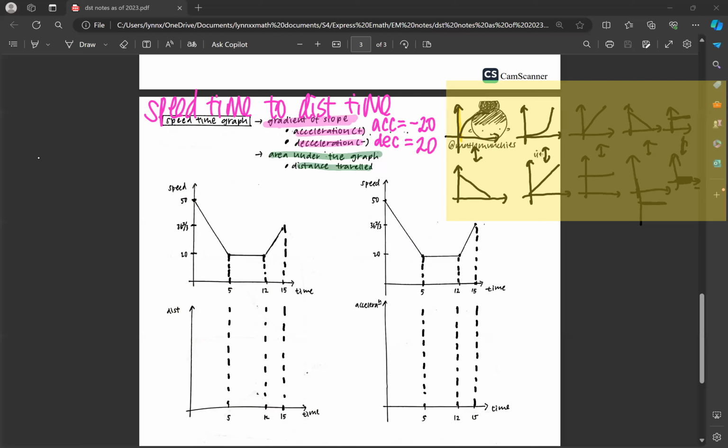So first thing first is the shape, right? Now, before we move on to the shape, you need to be very careful. A lot of students make a mistake by identifying the shape first. No, put a star.